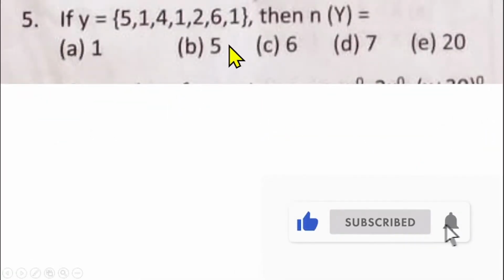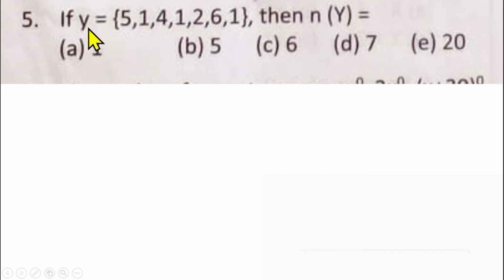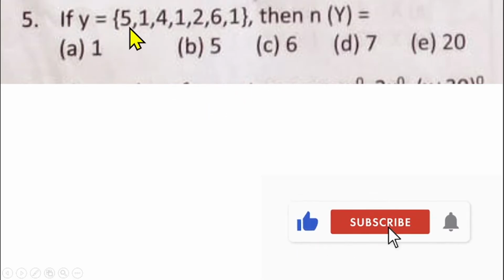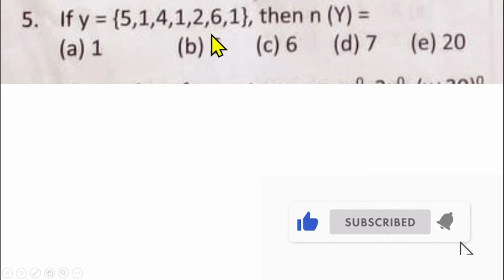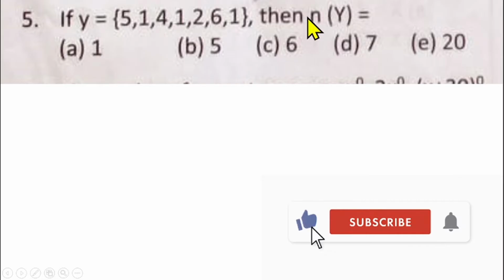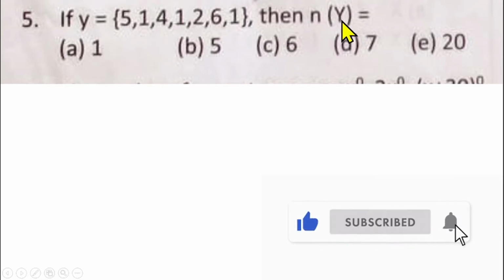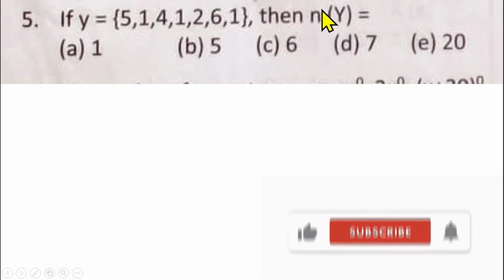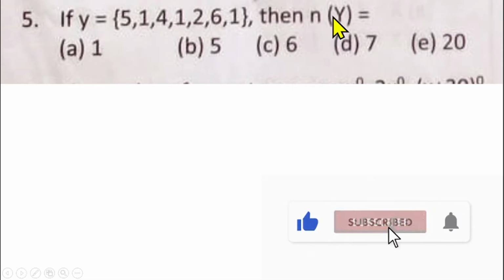Question number 5 is from set theory. If we have a set y having the elements 5, 1, 4, 1, 2, 6, 1, then we have to find the cardinality of set y. What does cardinality of any set mean?